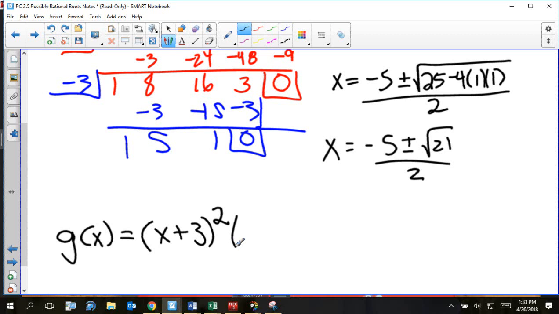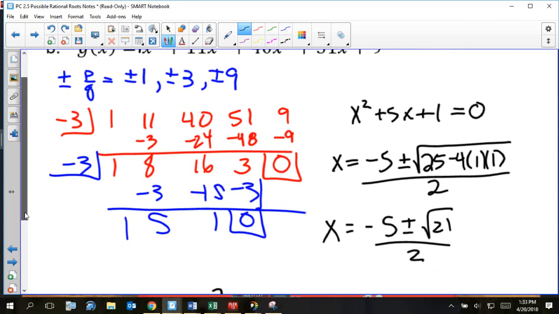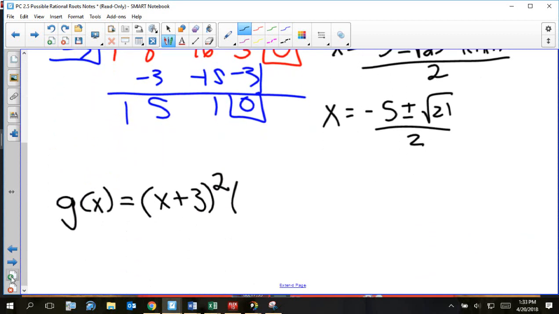Actually, that's not how I taught it in the other class, and now I'm thinking about it. I am going to have a fraction, I think. I'm sorry, I'm just remembering something off the top of my head. The leading coefficient is a 1. If I try to get rid of this fraction, this is what I did in my other classes.